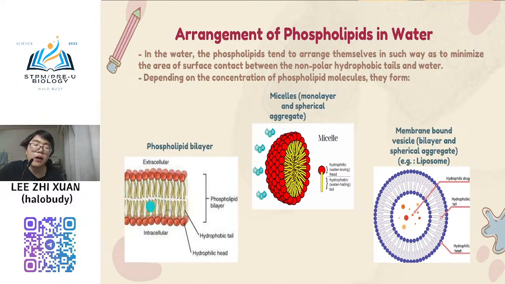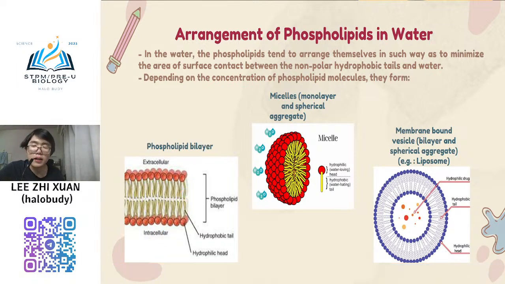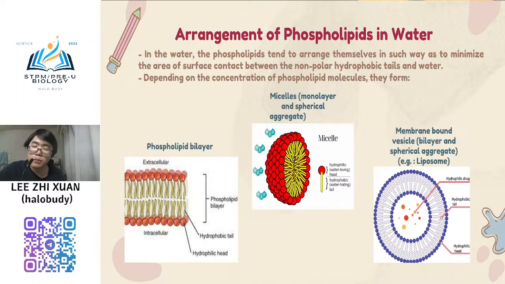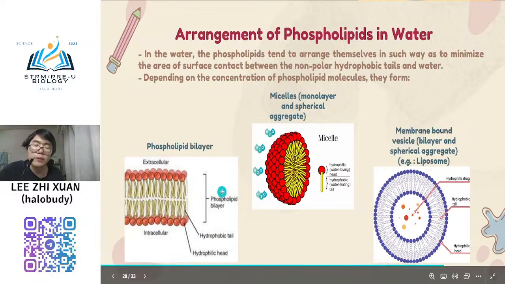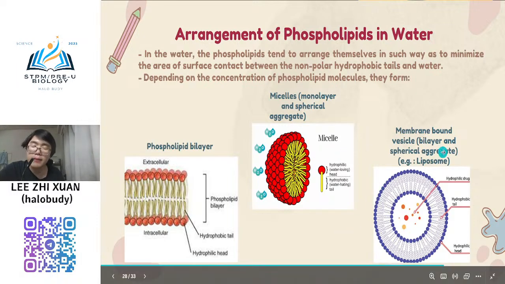Because inside the cell there is also water. I already mentioned the fatty acid does not like water, it repels water. So they cannot be exposed to water, so they are arranged as a phospholipid bilayer. They can also be arranged as micelles, membrane bulbs, vesicles like that.